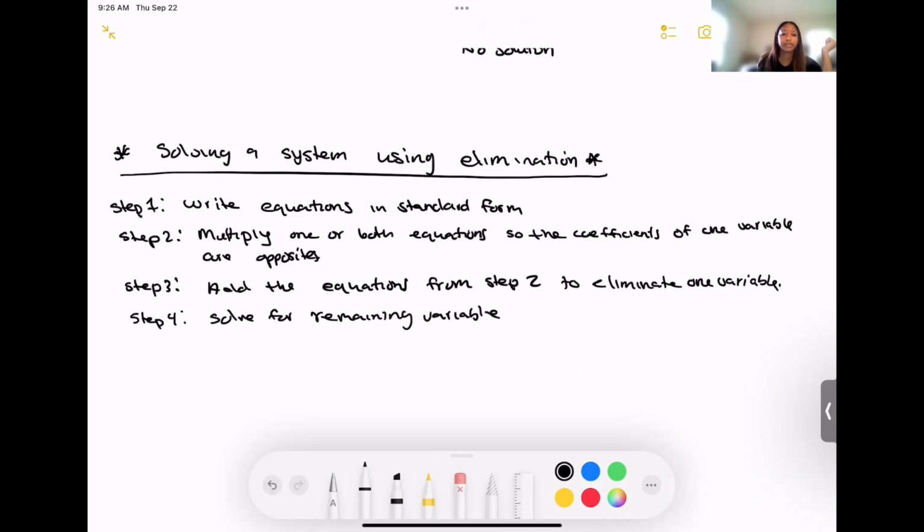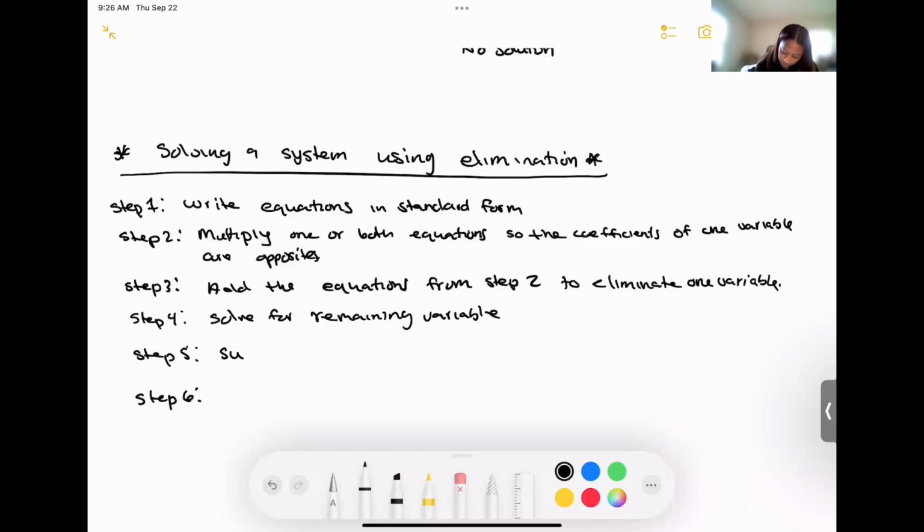Once you have that remaining variable, you can plug it back into one of the original equations and find the other variable that was eliminated. So, just two more steps, step 5 and step 6. Once you solve for one of the variables, say you solve for y, just like before, we use the variable that we solved to find the other one.